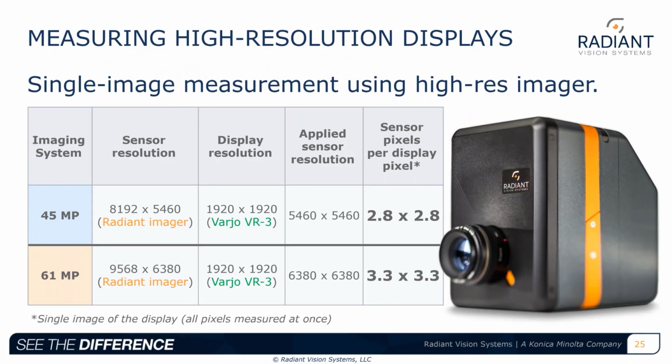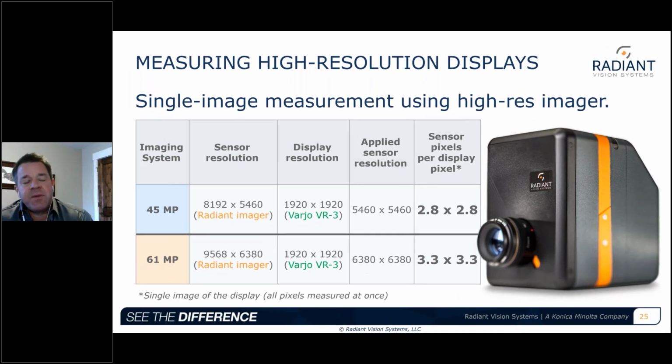Applying the camera's resolution to image the whole display area, the 45 megapixel system would apply 2.8 by 2.8 pixels, or just under 8 total sensor pixels, to measure one display pixel. And it's bumped up by a few square pixels when we take that image up to the 61 megapixel system.